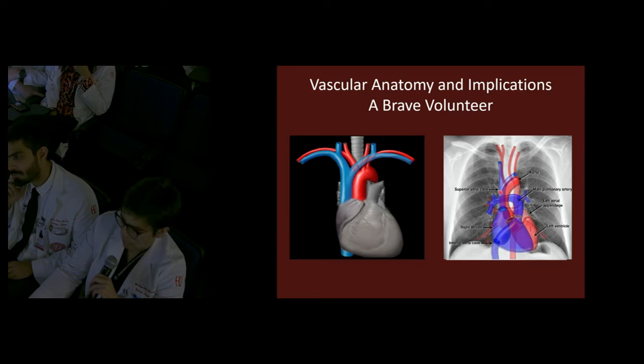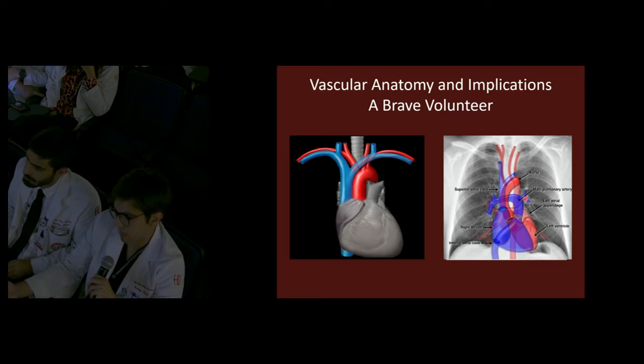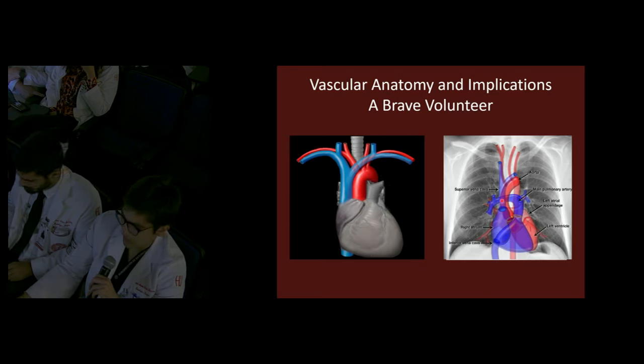On the left side, the left border, we can see the left ventricle. On the upper side of the heart, we can see the aorta, the aortic arch. Below the aorta, we can see the left hilum, where we can also see the pulmonary artery, the left pulmonary artery.